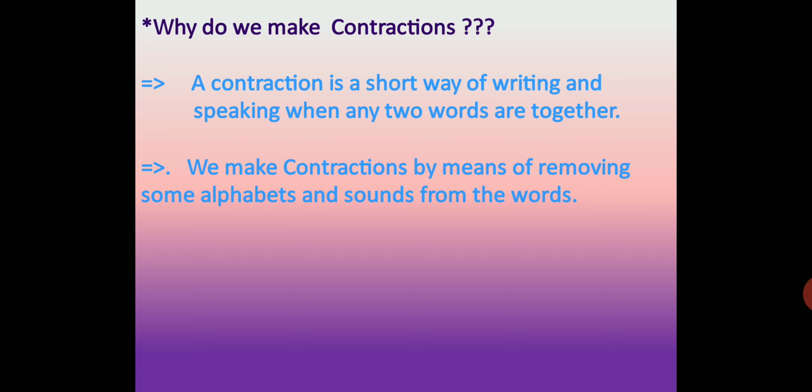As I told you, a contraction is a short form, so you can say that it is a short way of writing and speaking. And we make a contraction by removing or omitting some letters from the words. After making a contraction, the sound, meaning the pronunciation of the word, and the writing form, meaning the spelling of the word, differ.